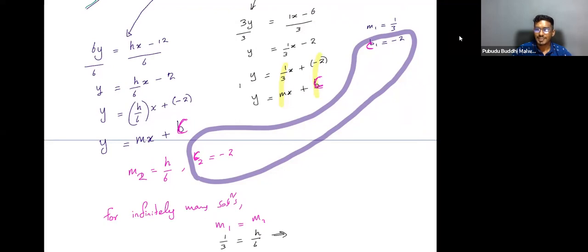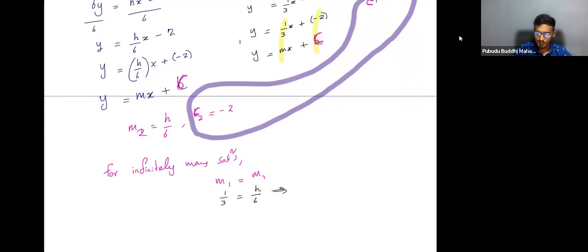From that, you can get H. Multiply both sides by 6. H equals 6 over 3, that is 2. So for that H value, you will get infinitely many solutions.